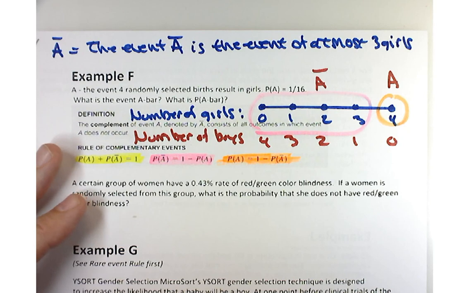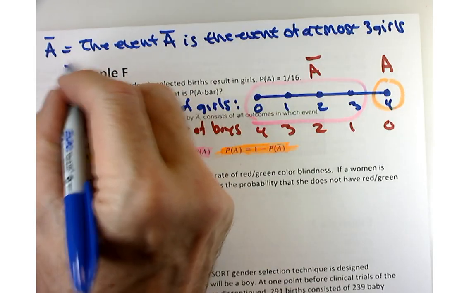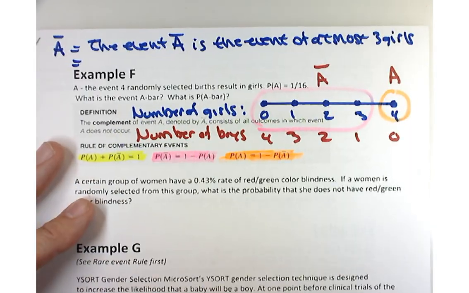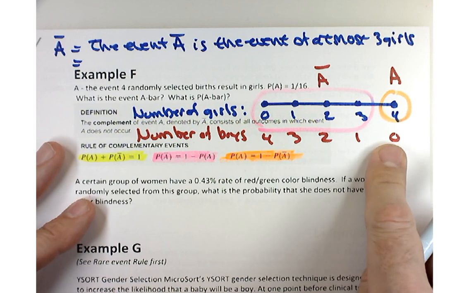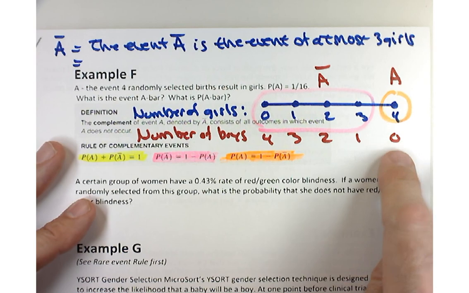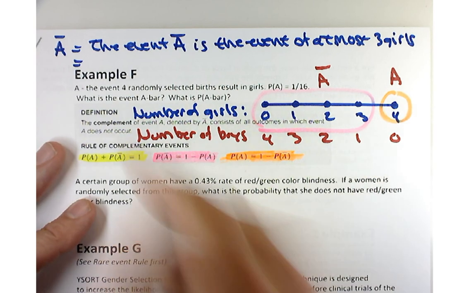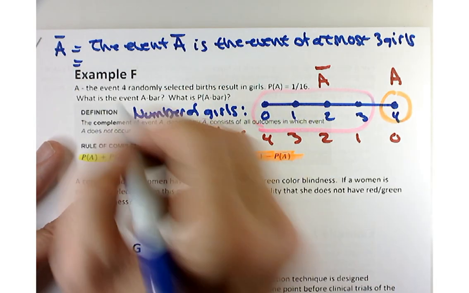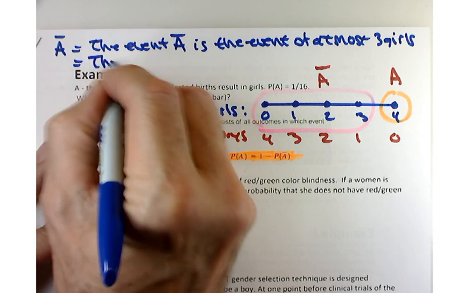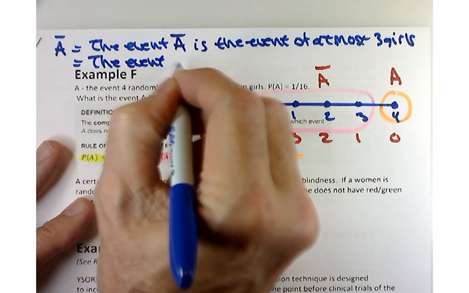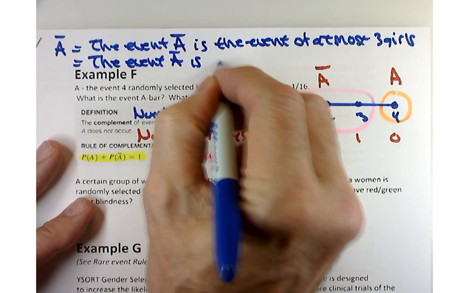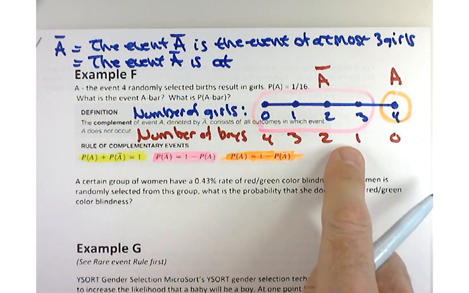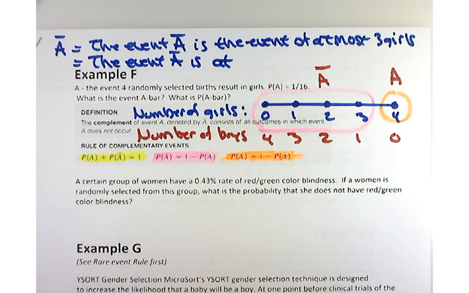There's another way to describe it, in terms of the number of boys. Event A means you have 0 boys. What's the event A bar in terms of boys? How many boys do you have to have if you're in A bar?